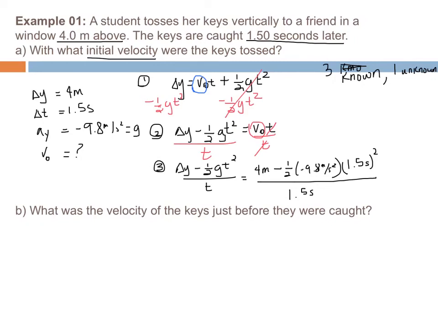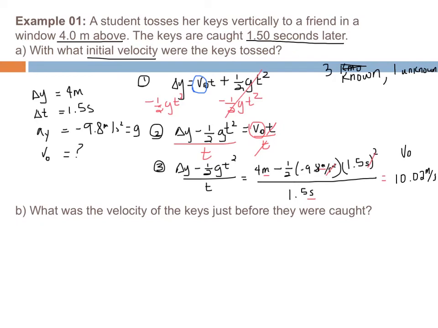Here, these seconds squared would cancel. And I have meters combining with meters, ending with over seconds. So our final answer is 10.02 meters per second. 10 is fine as well. So this is our initial velocity.